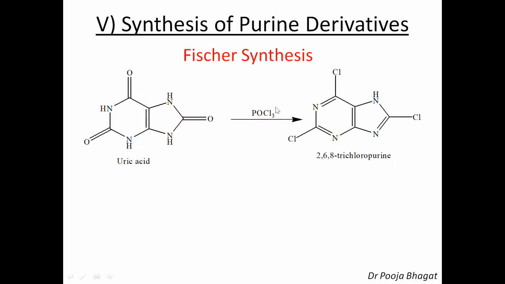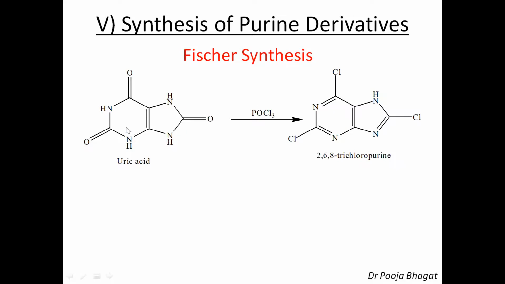You treat uric acid with phosphorus oxychloride. If you can recollect, phosphorus oxychloride helps to convert the keto form into the enol form. So to convert the keto form into the enol form, POCl3 is used, and when the enol is formed, that OH will be replaced by Cl.